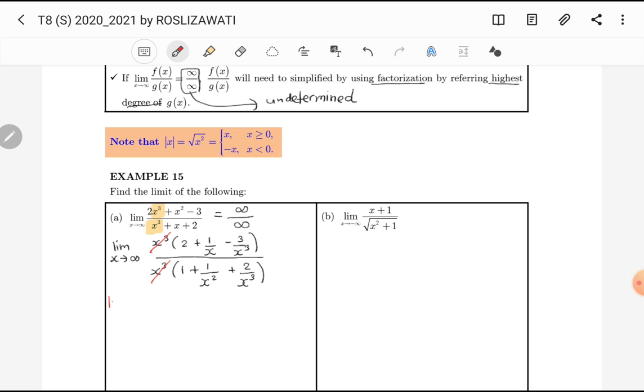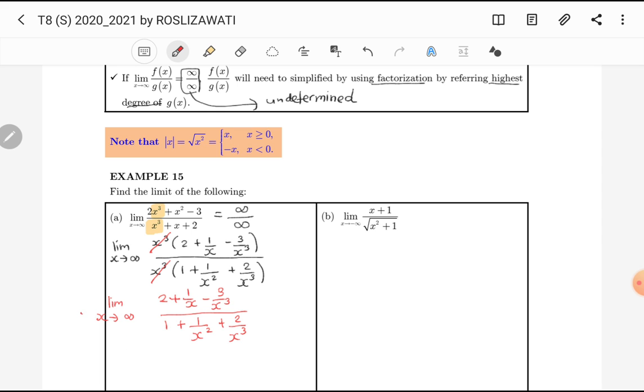So, we will get limit x approaches infinity and the function becomes 2 plus 1 over x minus 3 over x cube divided by 1 plus 1 over x squared plus 2 over x cube. Okay, dapat ya? Okay, very good.